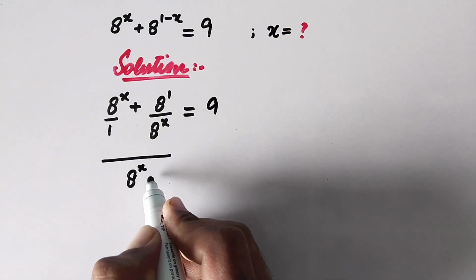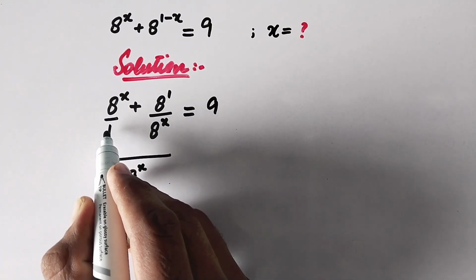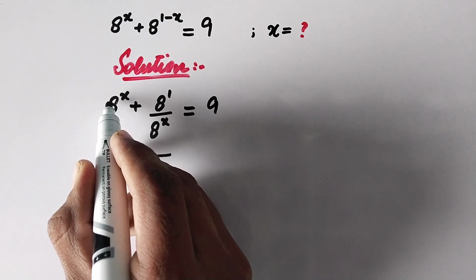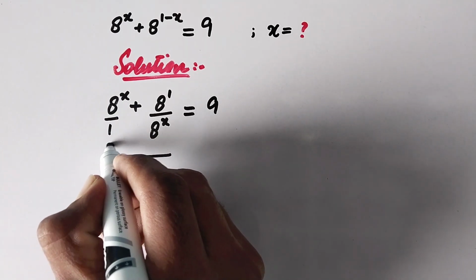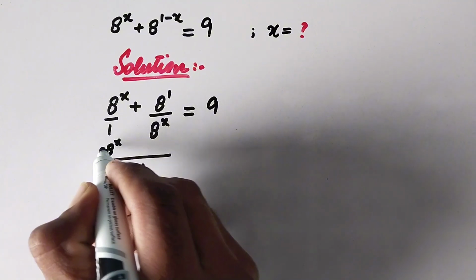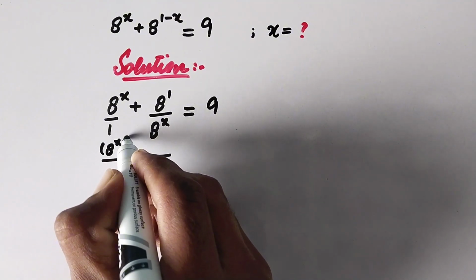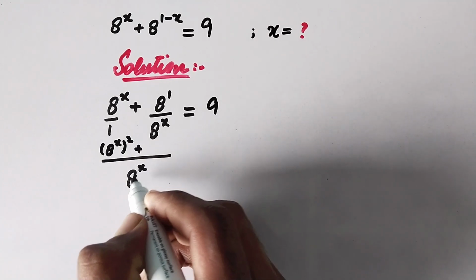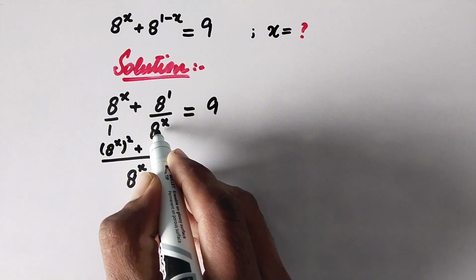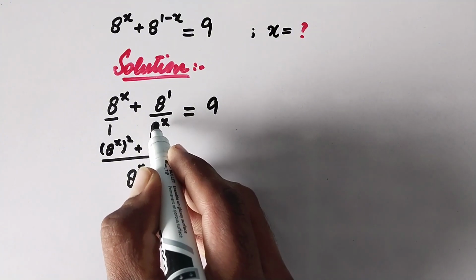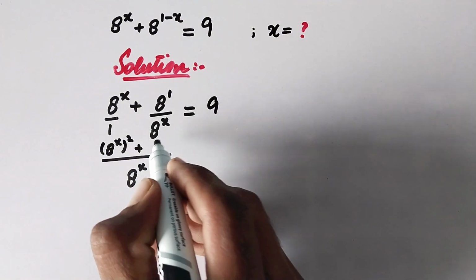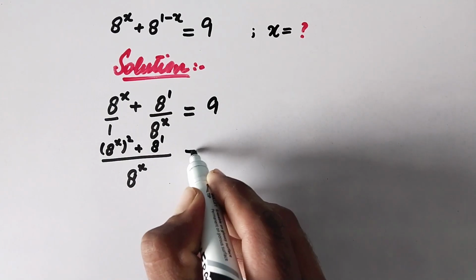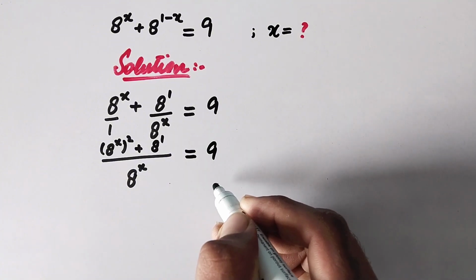Now 8 to power x divided by 1 will be equal to 8 to power x, and when that multiplies this value it will be equal to 8 to power x squared, plus here 8 to power x divided by 8 to power x will be equal to 1, and when 1 is multiplied by this value it will be equal to 8 to power 1, equal to 9.